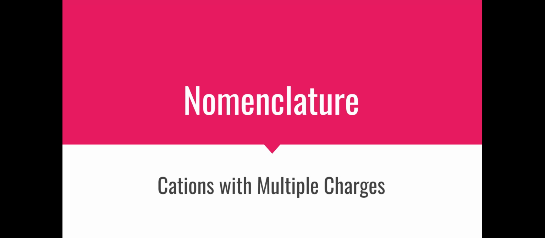They will always become a +1 charge, or 1 plus charge. All of the elements in the second column will always choose to give up 2 electrons as part of any arrangement in which they become molecules. So beryllium, magnesium, calcium, they will always have a 2 plus charge.